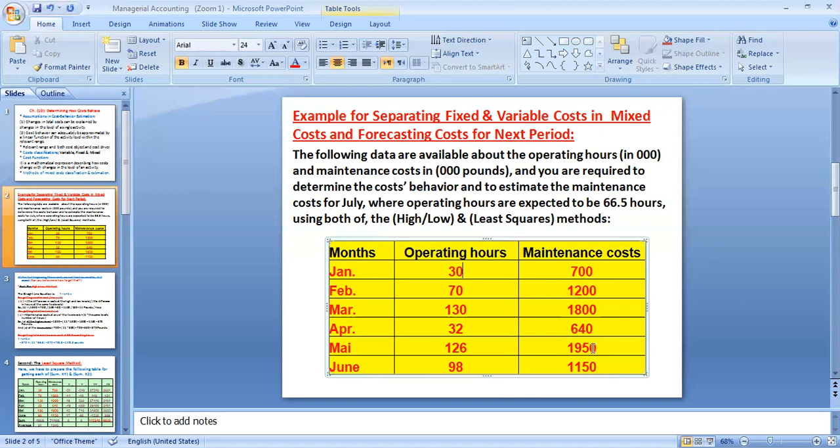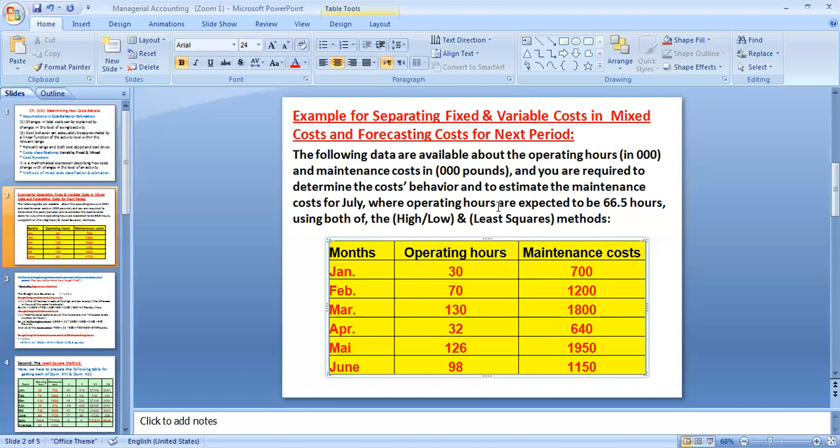The highest cost is 1,950, but it is not the highest number of hours. There is 130. That's why, please, when solving such a case, begin by the quantities. I told you this with a line of verse, modeled on another verse: quantities are more truthful than values. It means always begin with the quantities, and based on them choose the values.